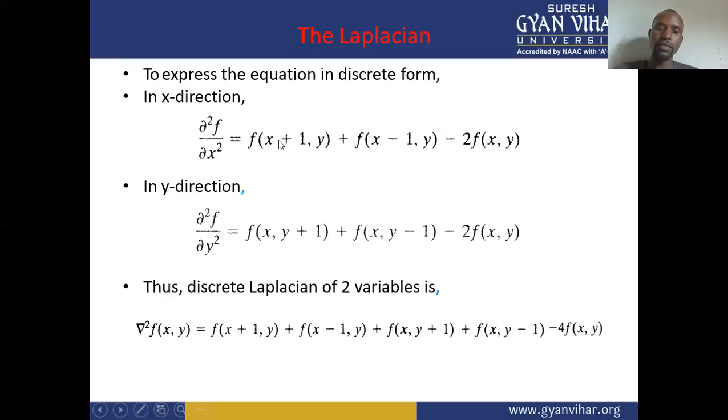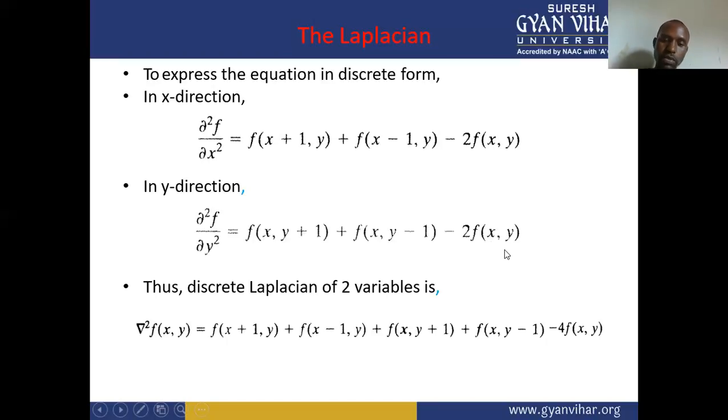Now, if you look at this equation, what is happening here is that we have just added the y axis on the second order derivative. So the same thing will occur here. We'll first have the x, then we'll add x plus 1, then plus f into x comma y minus 1 minus 2 into f into x comma y.